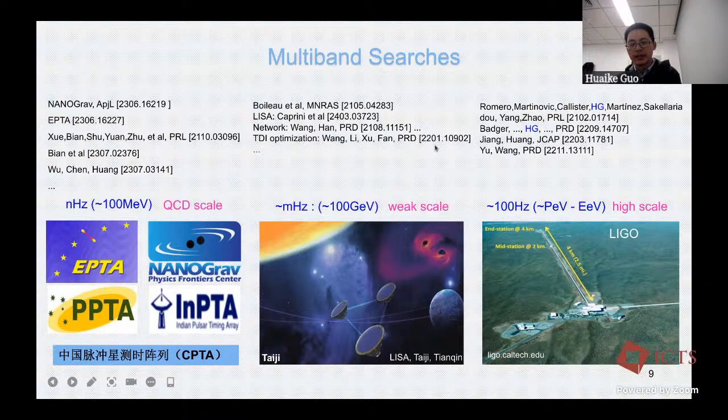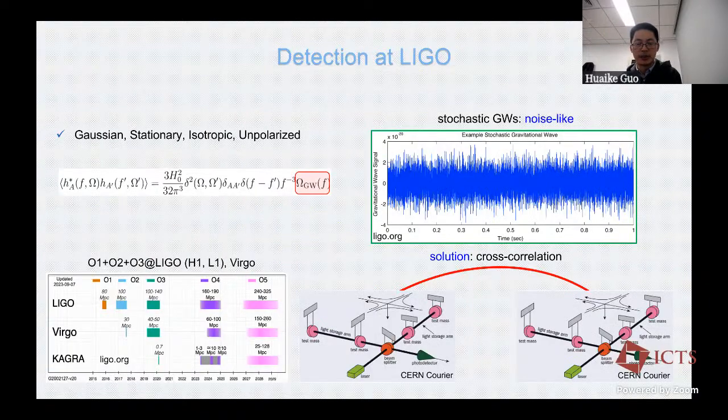Therefore, this has become a target for the three major kinds of detectors, and people have studied this a lot. At LIGO, we are also trying to detect this kind of stochastic background wave. I believe Mary, my collaborator, will talk more on the detection. The stochastic background gravitational wave is just like noise in the detector, and there's a special technique to detect it.